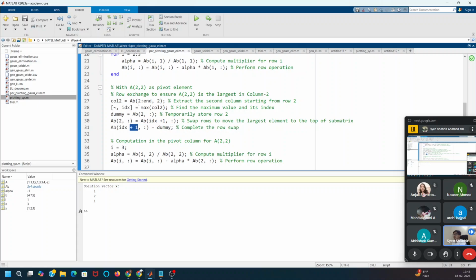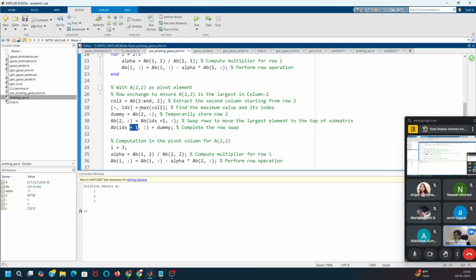Because we are going from the second row, we are neglecting the first row because the first row is already modified, no change. So you have to check the second, third, fourth, fifth rows, whatever there are. In that, you have to get the maximum value and swap that row with the second row.